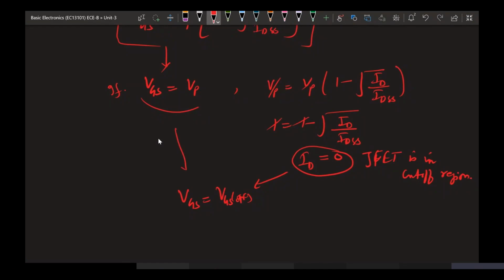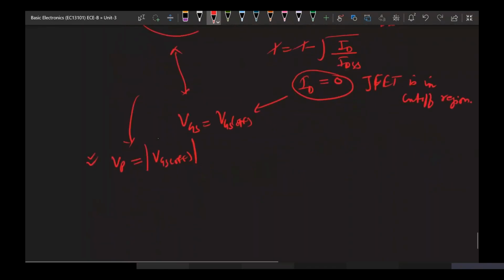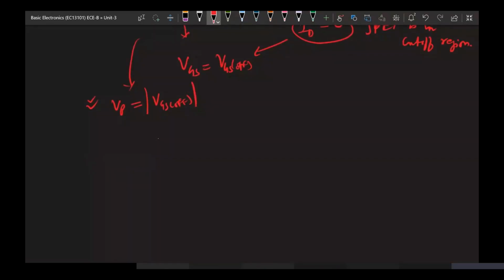So from these two we can conclude that VP will be equal to VGS off in magnitude, in the opposite direction, that is negative. So that's why the pinch off voltage is considered of same magnitude as the cutoff voltage in case of JFET. We can derive that from the basic equation of the current, that is the Shockley equation.